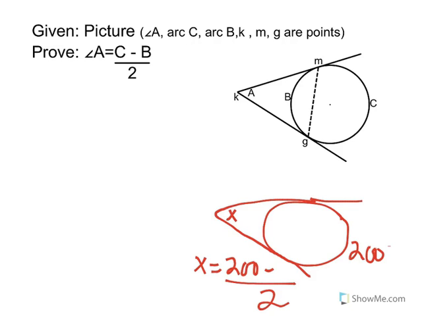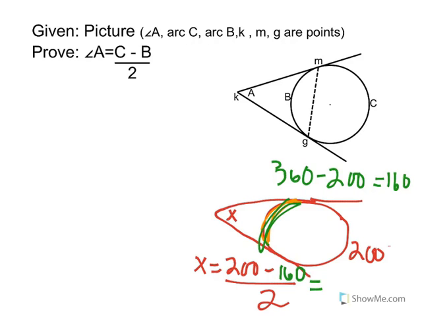So the smaller arc we could find in this picture by doing 360 minus 200. So it would be 160. So bigger arc minus smaller arc divided by 2. So that would give me 40 divided by 2. So that angle that we are looking for in this picture would be 20 degrees. So that's what we're trying to prove, why that works every single time.